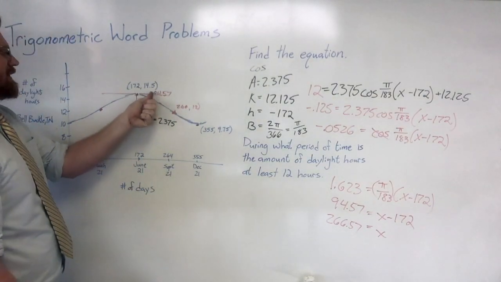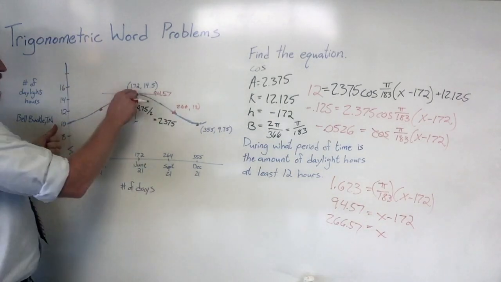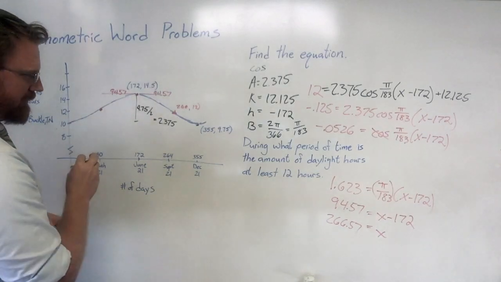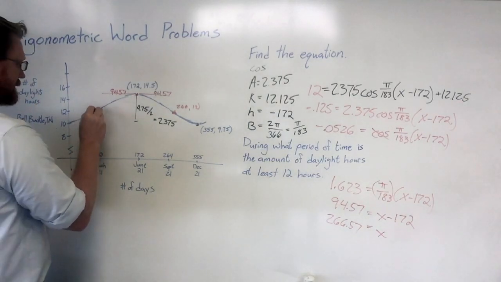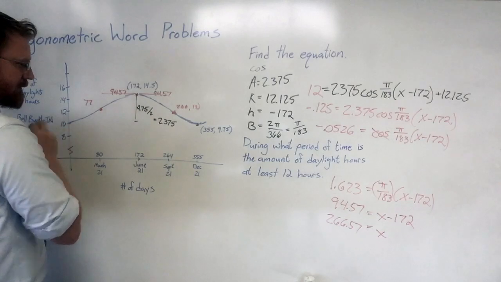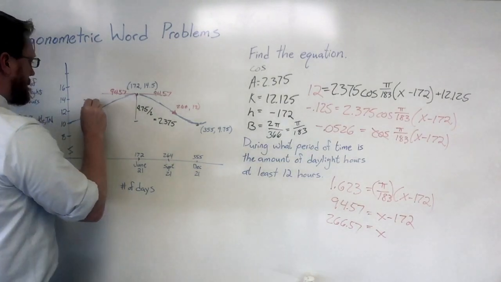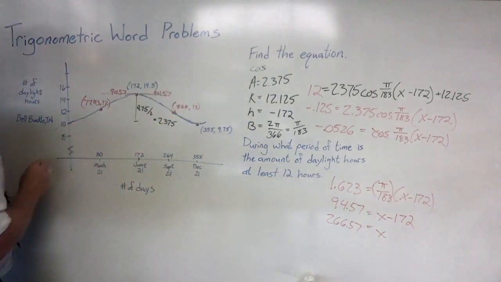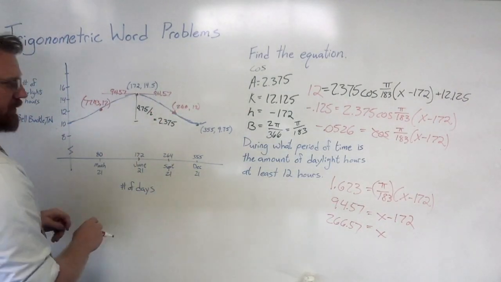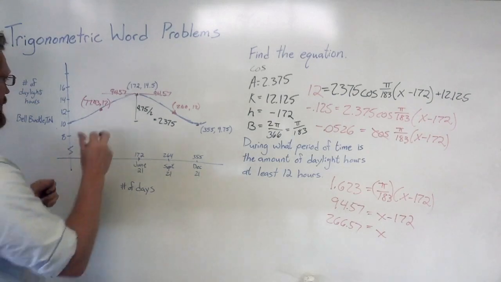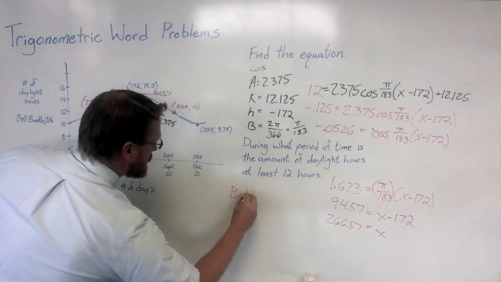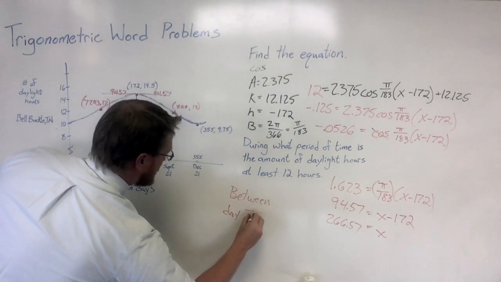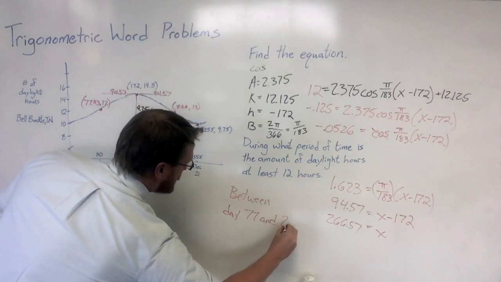And so I'd simply take 94.57 away from that crest, and I'll get an equivalent symmetrical answer of 77.43 days. So here are the 2 days a year in which it is exactly 12 hours. So to answer my question, what period of time is the amount of daylight hours at least 12? Between day 77 and 266.